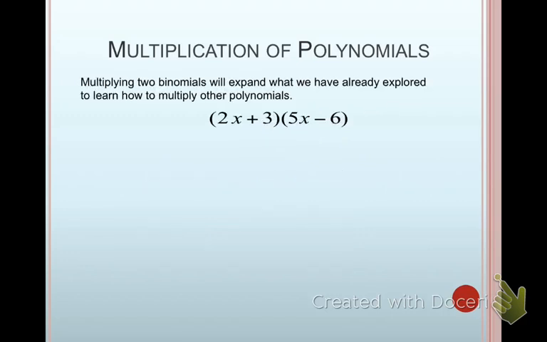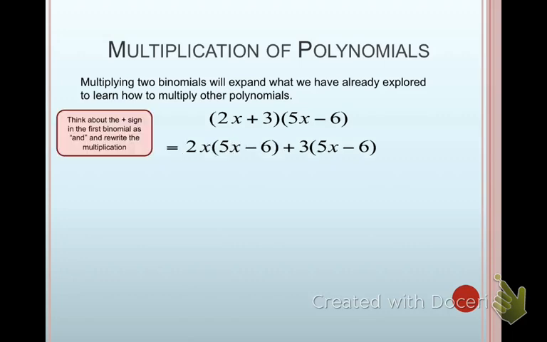Now, look at this next one closely. Unlike the previous examples where we just had a monomial out front, we now have a binomial times a binomial. When we have a binomial out front, we have to make sure that the binomial gets distributed completely to the second binomial.